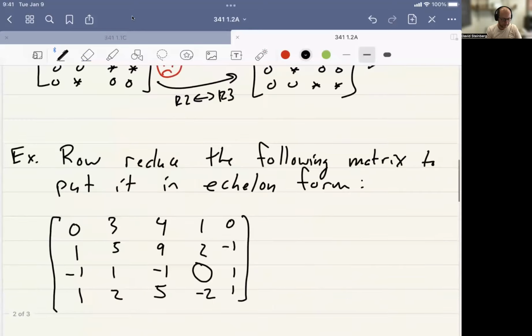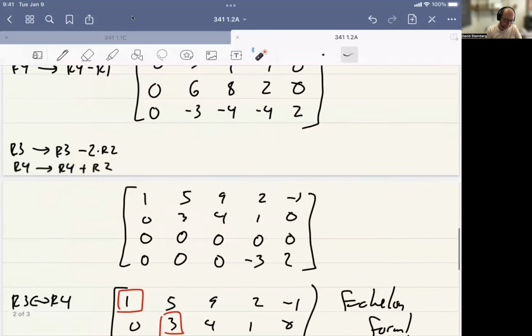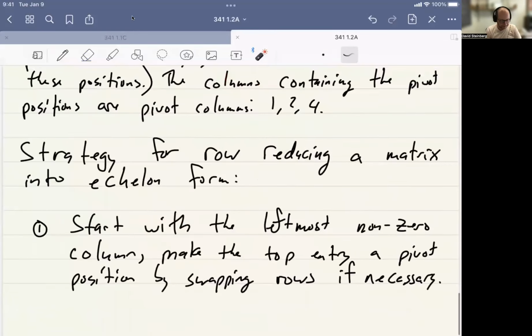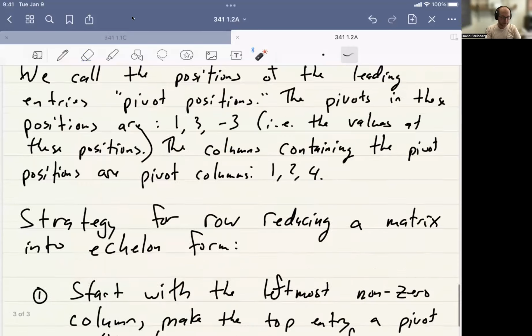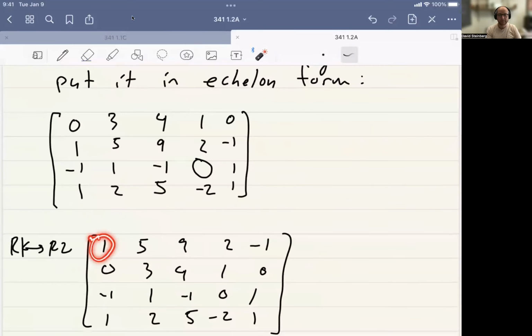We started with a matrix. This is our leftmost non-zero column. It had a 0 in the top entry. Since it isn't all zeros in this column, we can exchange it with some other row so that this is a non-zero entry. And so we did that. So we know this is going to be a leading entry, and a pivot position.